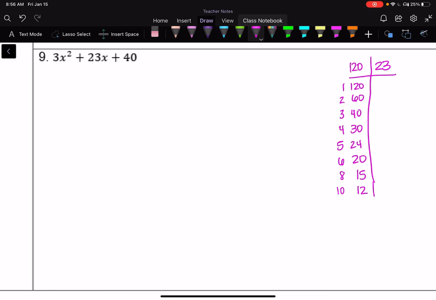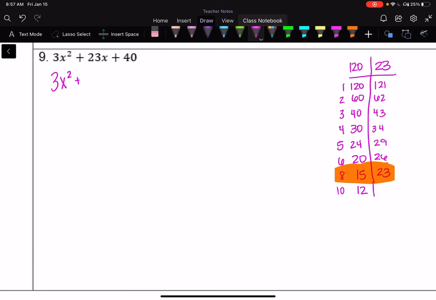Since my problem has plus signs between all of its terms, I won't have to change anything in my factor pair column. I'll just go down and add my terms together to see if I get 23. So I get 121, 62, 43, 34, 29, 26, and 23. I can stop there because that's what I'm looking for, and now I can bust my B.